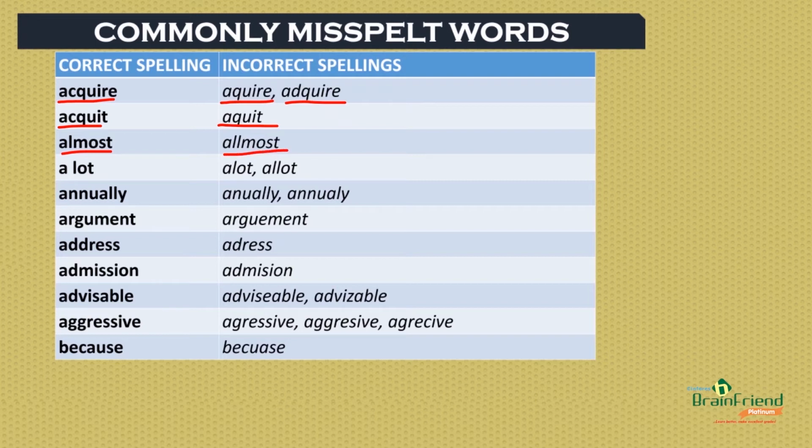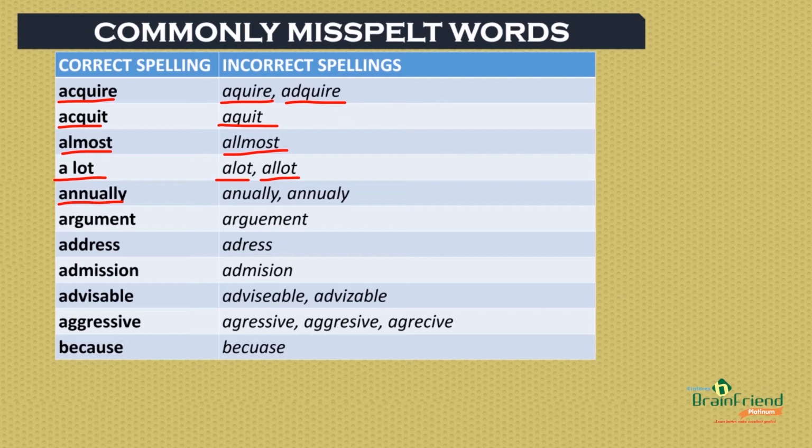Next, we have a lot. It is spelled A with a space LOT, but most people join A and lot together and they spell it wrongly as ALOT or ALLOT.